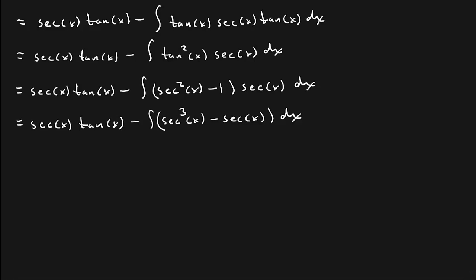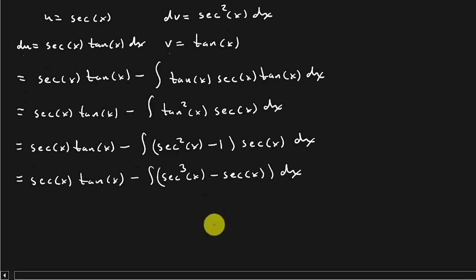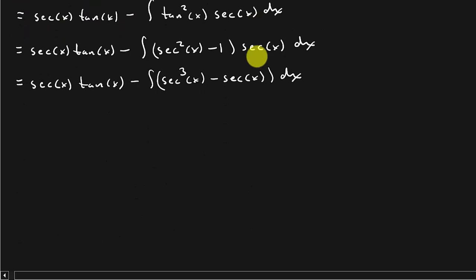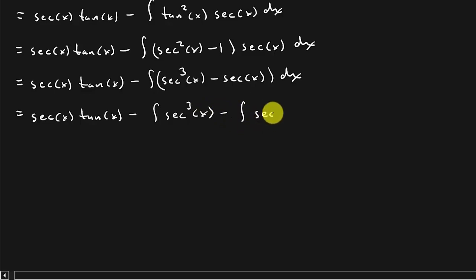All right, so I think I see something going on here. This secant cubed, that looks familiar, doesn't it? See that secant cubed there? So let's do this. Let's write this as secant x tangent x minus the integral secant cubed x minus the integral secant x dx. Whoop, forgot to put my dx there, didn't I?